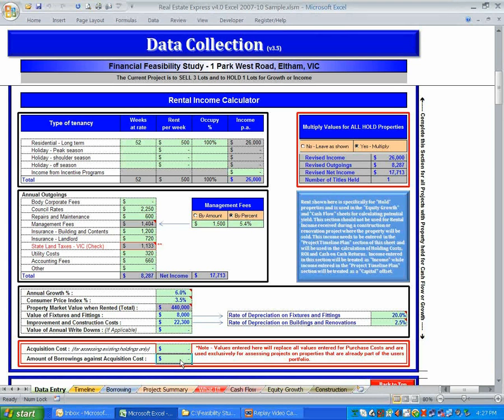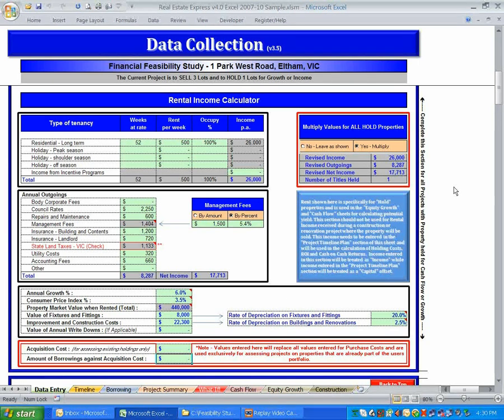When values are entered in this section, it is assumed that the property is already owned, and therefore the pre-purchase costs and the purchase costs should all be set to 0, and a warning message will be issued to that effect. If values are entered in these sections, the pre-purchase costs and purchase costs are ignored, and these values are used in their place. All other aspects of the feasibility study remain exactly the same.